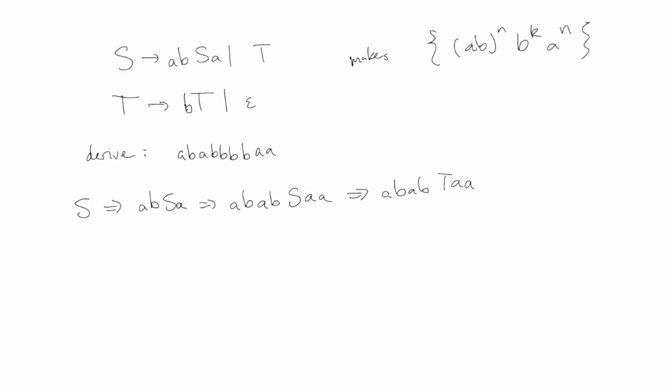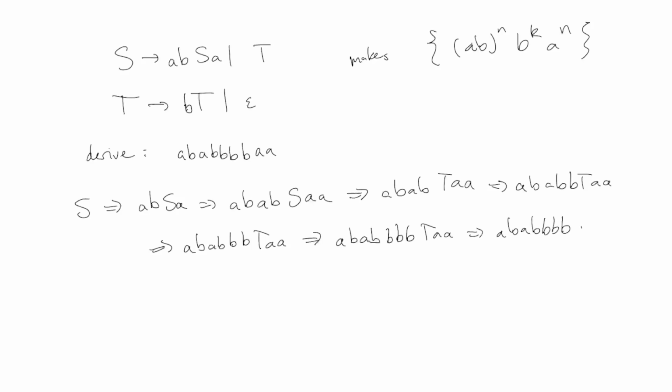I'm going to do that one 3 times. So 1 time, BTAA, that was 1 time. 1 more time, BTAA. 1 more time, ABAB, BBBB. No, that was too many. TAA, and then finally T goes to epsilon, and I'm done.